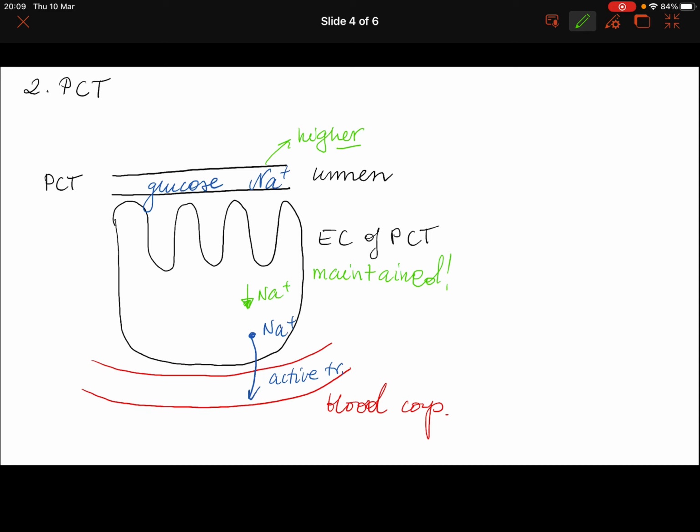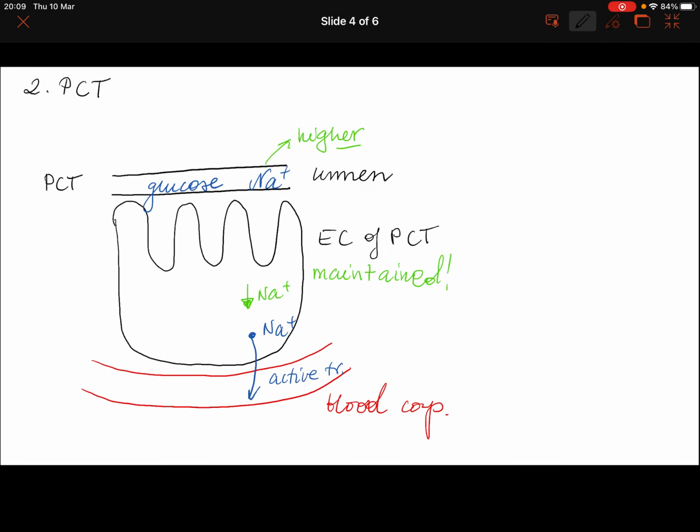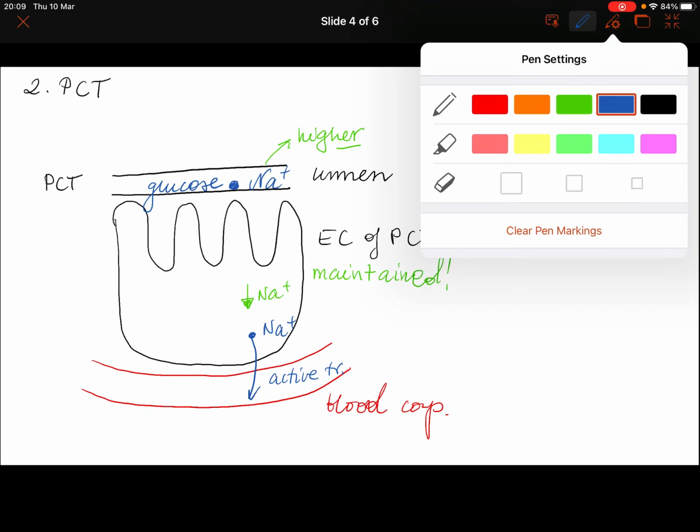So what will happen now? We will see co-transport, which is movement of two different molecules from the lumen into the epithelial cell. So we've got glucose and sodium ions.